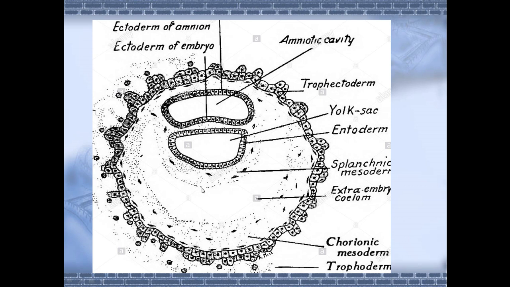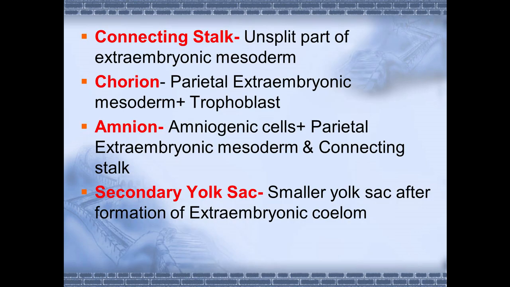Visceral layer is also known as splanchnopleuric extraembryonic mesoderm, and parietal layer is also known as somatopleuric extraembryonic mesoderm, that is outside the yolk sac. Okay. Then also there is one more area in which this extraembryonic mesoderm is unsplit, and that is known as the connecting stalk.